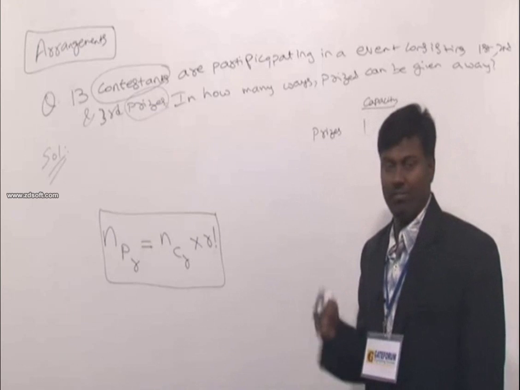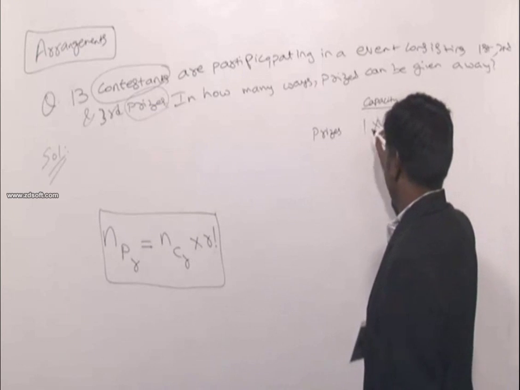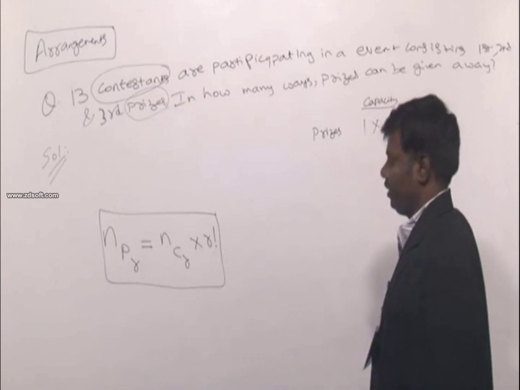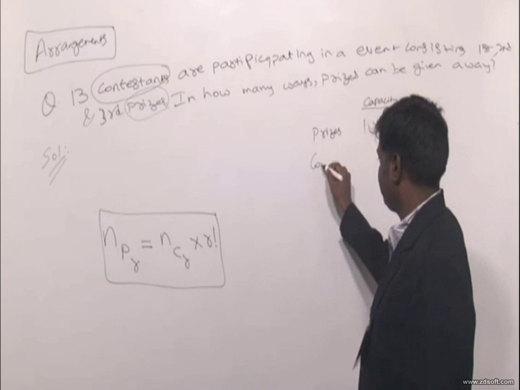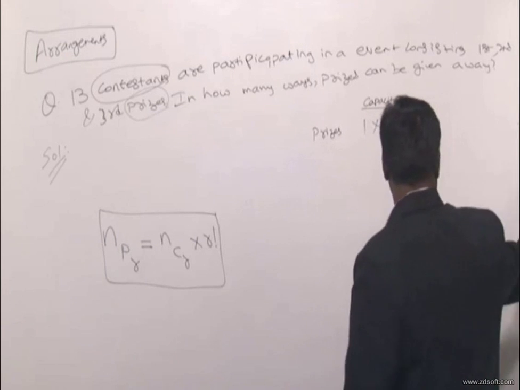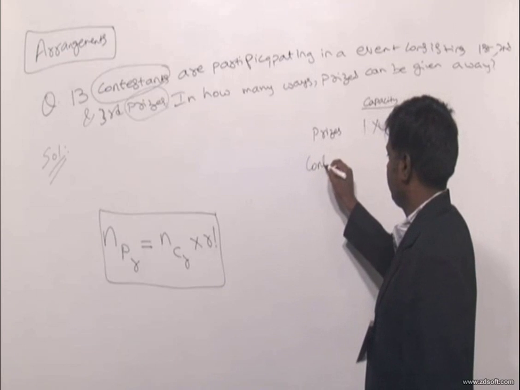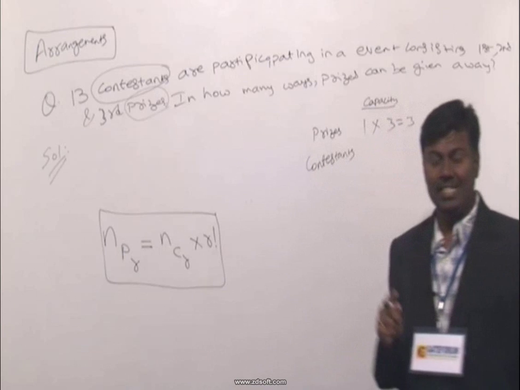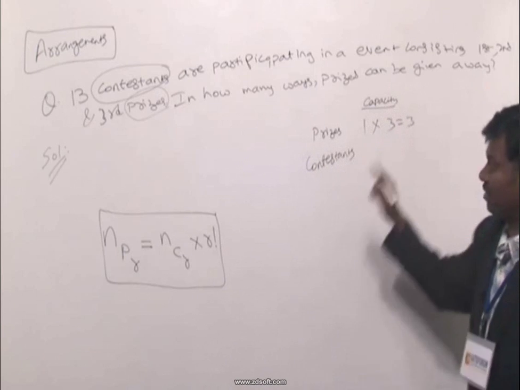It can go to only one person. So 1 into, how many prizes are there? 3 prizes. So total capacity is 3. In terms of contestants, a contestant can receive only one prize if there are first, second and third prize.